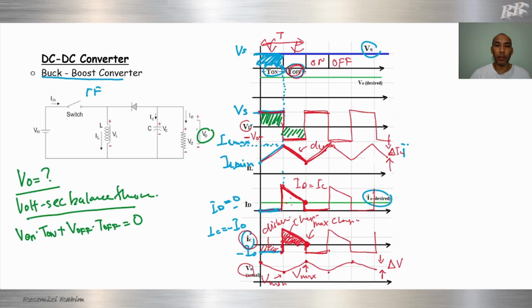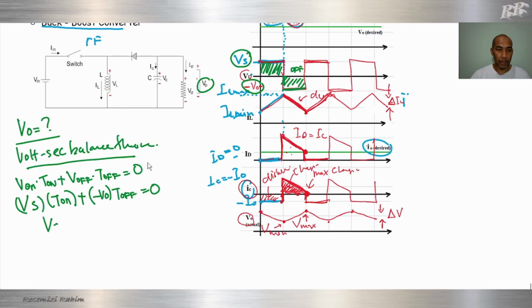During on, V is Vs, so Vs T on plus, during off, V is minus V naught, T off equals 0.